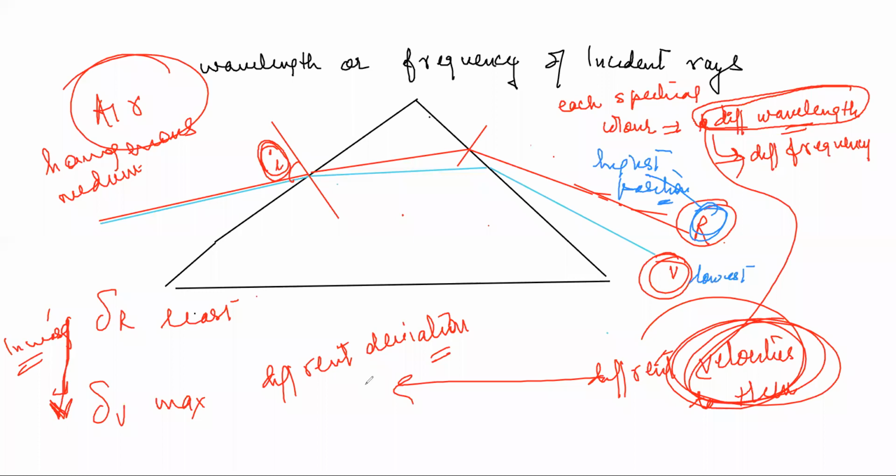It's not scattering. Remember this. I'm writing a word here. This word is called dispersion. Light is suffering dispersion while traveling from air to prism.